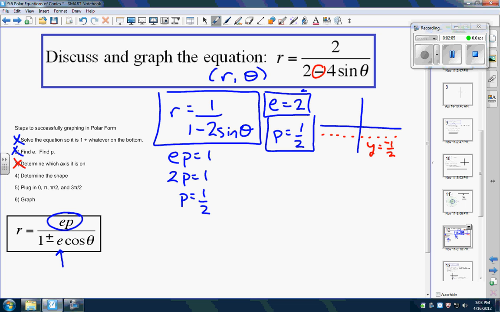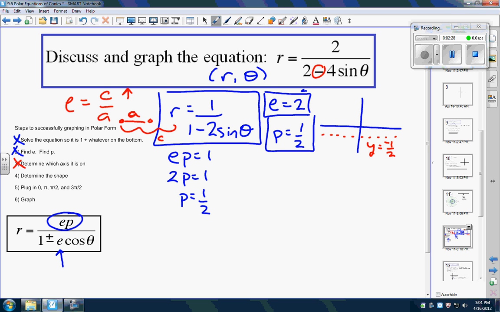Determine the shape. So E is 2. So we know E is C divided by A. So if this E is a 2, that means C is a bigger number than A. So that would mean coming out to the focus is bigger than going to the vertex.